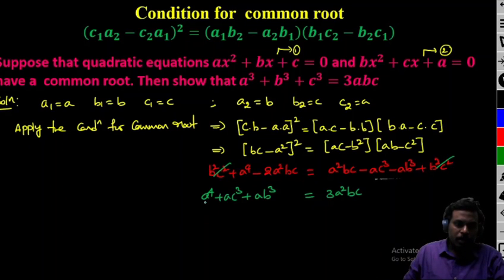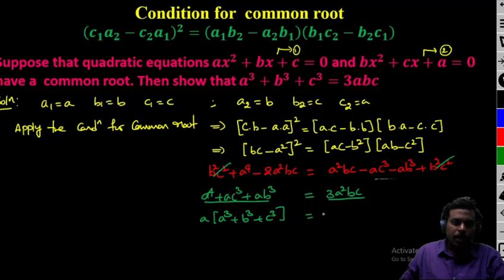Now in all these LHS terms, I take common A, I get A cube plus B cube plus C cube. Here also I will take common A, it is 3ABC.